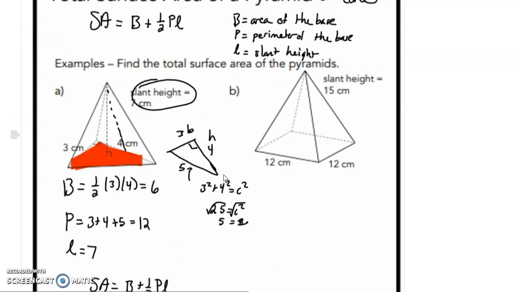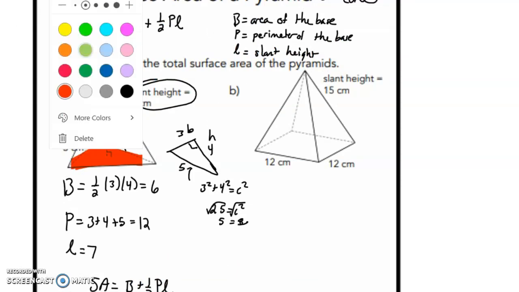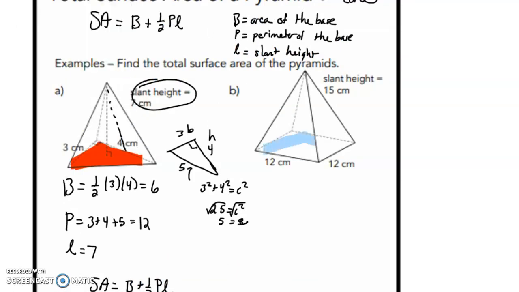Okay, so let's look at this pyramid. It has a square for a base, so it's called a square pyramid. This one's pretty easy because we don't have to do so much math to find the missing pieces. Our area of the base, a square, is just 12 times 12. That's 144.